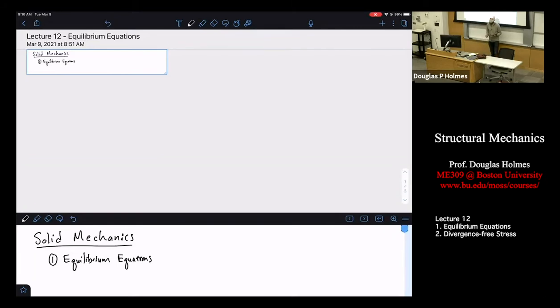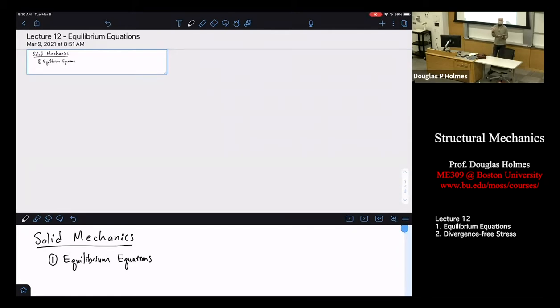And the tricky thing about stress, as you might recall, is that stress is a tensor. And tensors are hard. A lot of physical quantities are vectors, and we're kind of familiar with vectors. We draw arrows. They have components in X, Y, and Z. But stress is hard, and solid mechanics in general is hard for two reasons.